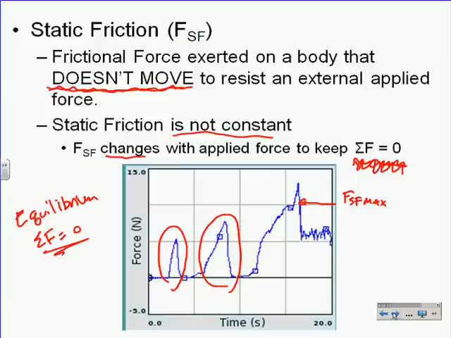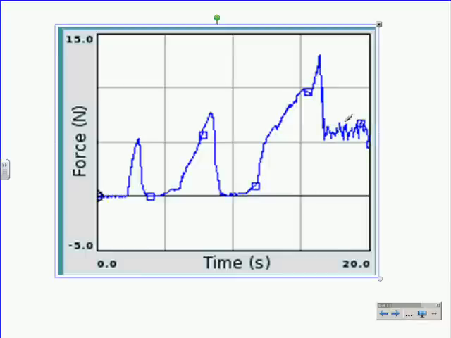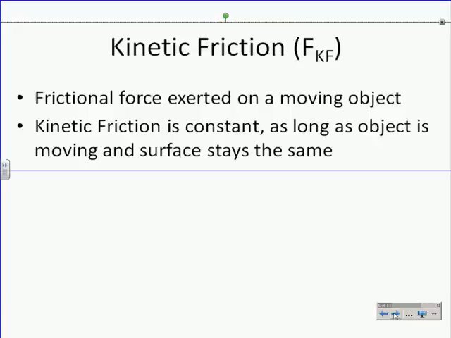Now that block is moving, this section right through here. But it's moving, and more importantly, with a constant velocity. We refer to that section as kinetic friction. Why kinetic? Because it's the frictional force exerted on a moving object.